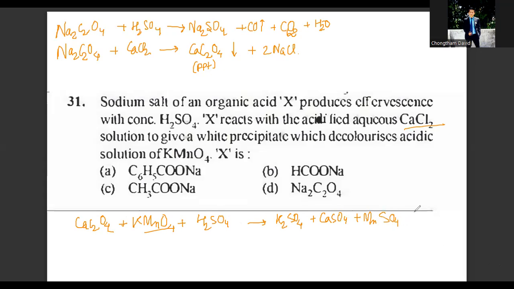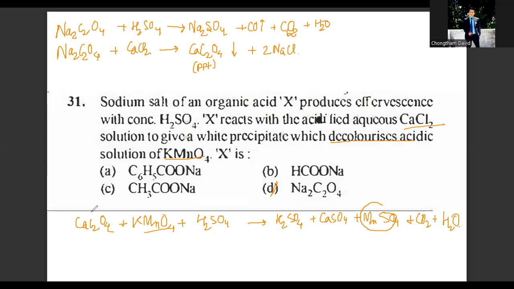And since it produces rapid effervescence, carbon dioxide gas must also be released with a water molecule. So this manganese sulfate is a colorless solution, right? So it decolorizes this acidic solution of KMnO4. What is X? X is your sodium oxalate. Only the sodium oxalate reaction will give all these products.